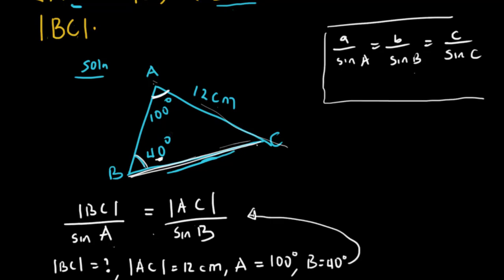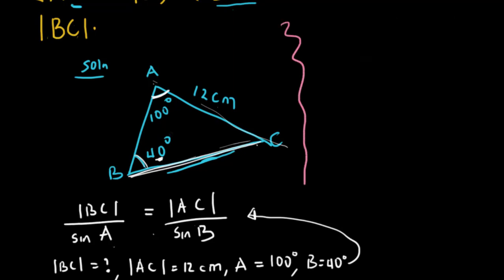So we slot this into the formula. We should have line BC over sine 100 equals line AC, which is 12, over sine 40 degrees.